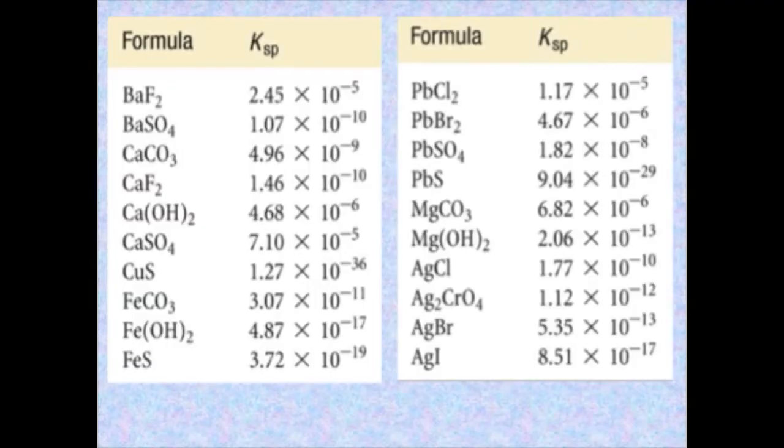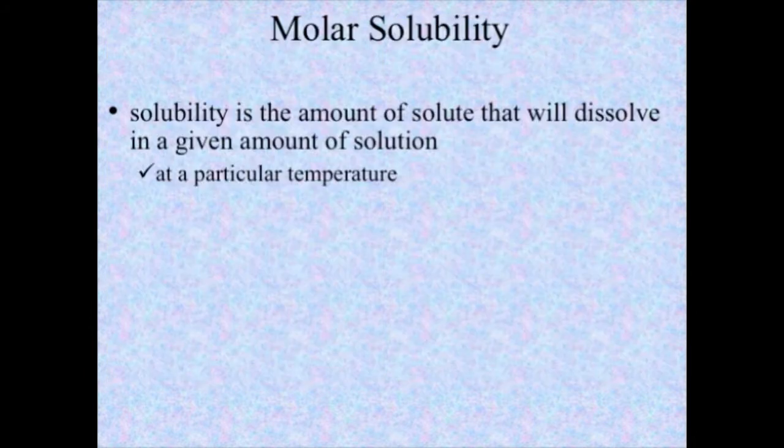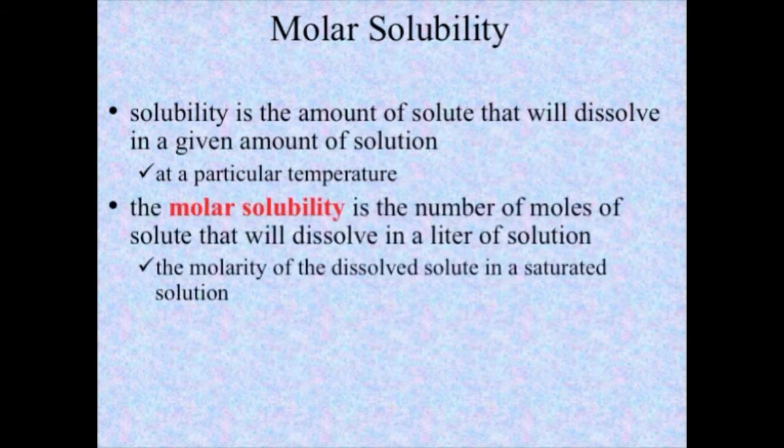Remember that the solubility product is equal to the concentration of the ions that do dissolve at equilibrium to the power of their coefficient in the ionization expression. Therefore, the smaller the value of the solubility product, the less soluble a salt will be. Now, the molar solubility is the amount of solute that will dissolve in a given amount of solution at a particular temperature.